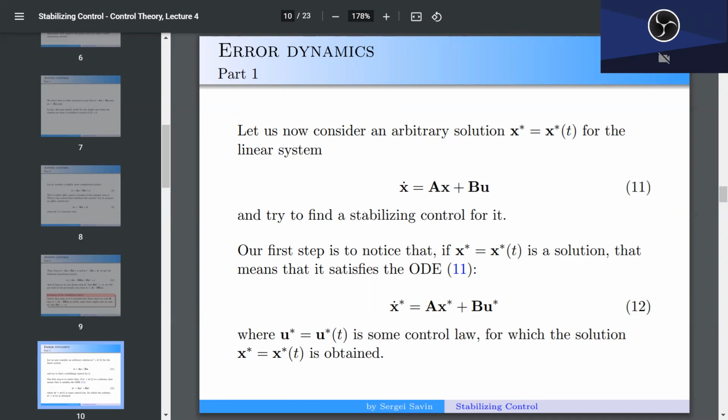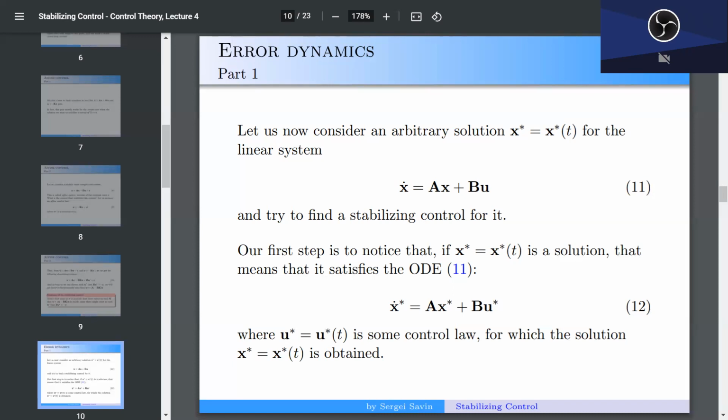I'll call it u star as well. That makes it into an equality, right? That's the first step. That is what provides the solution. So x star dot equals a x star plus b u star. We know that this is an equality. Okay, that's the first step.